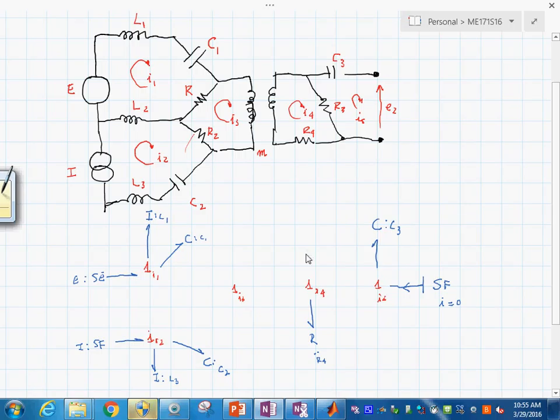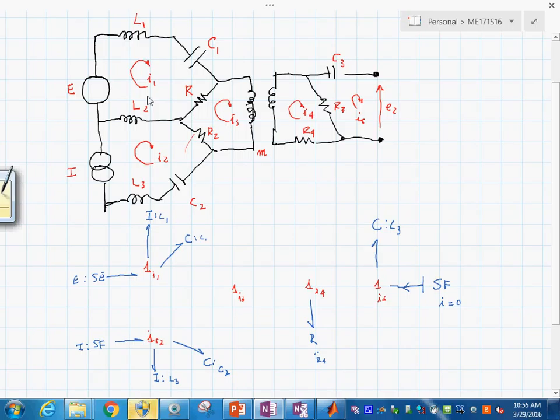So this has set up the structure of my modeling here. What I need to do now is to establish the relative currents or the current differences so that I can model the elements that see those differences. For example, you have I1 and you have I sub 2 over here.